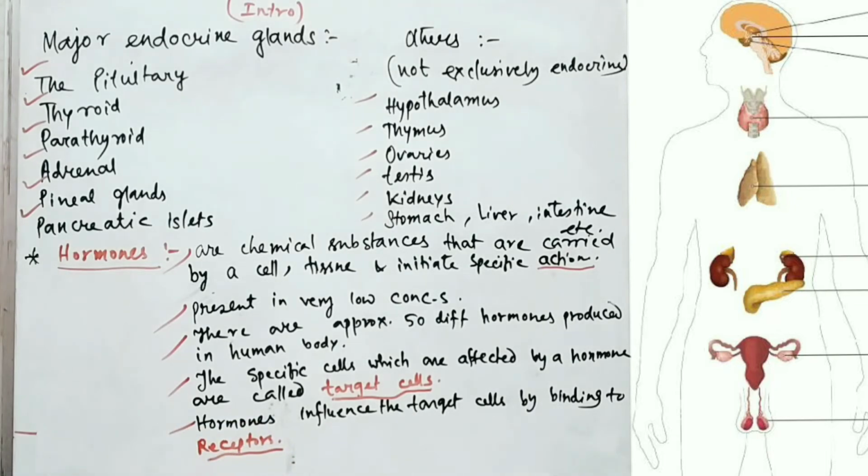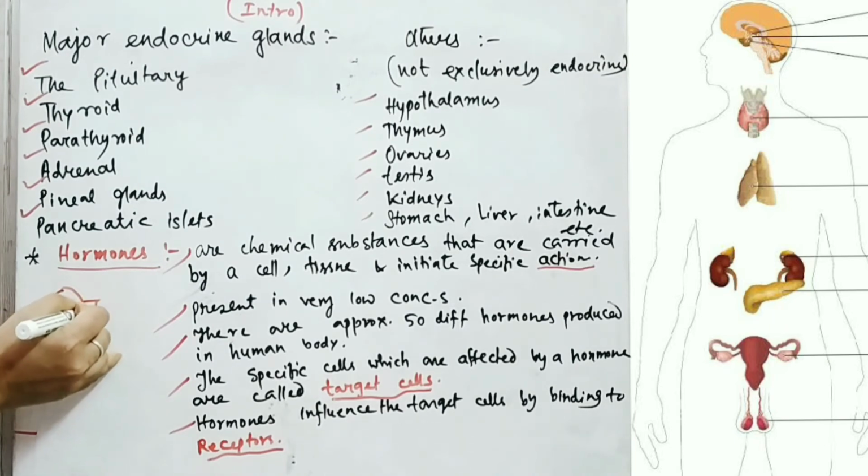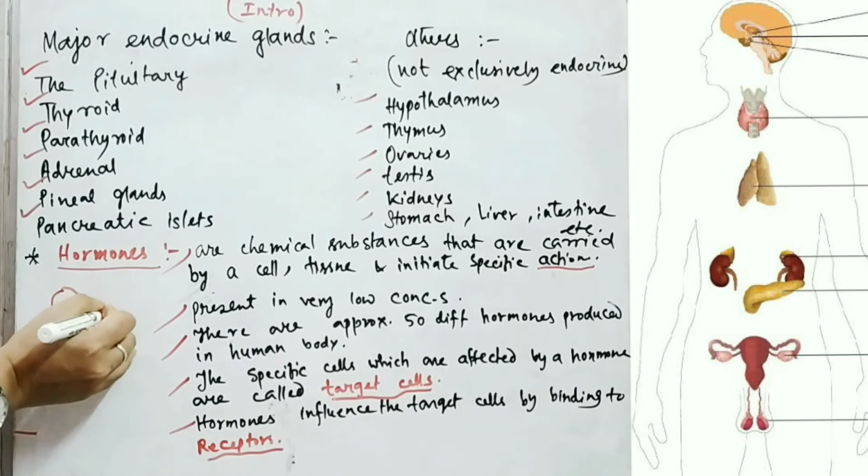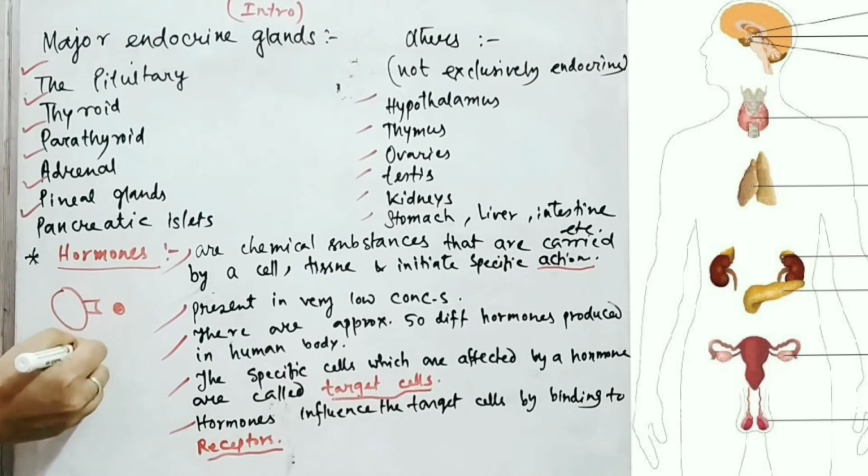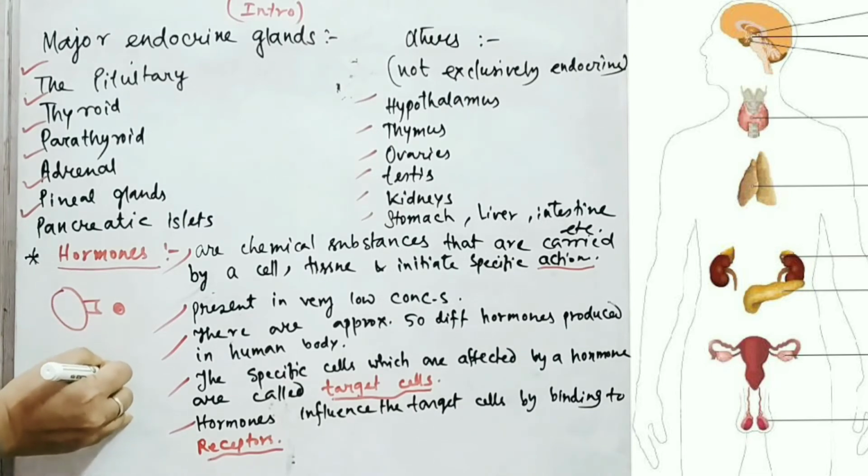Like each lock having a key, if this is the target cell with its receptor, and this is the hormone, then there is binding and the formation of a hormone and receptor complex.